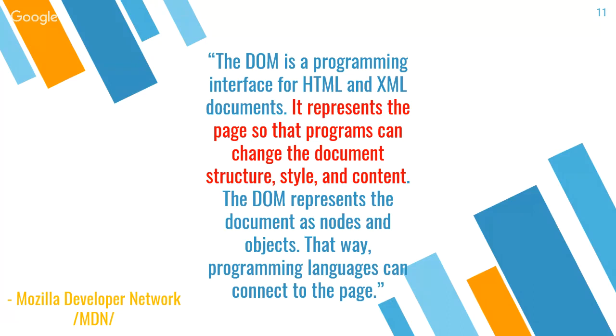So we make use of scripts, JavaScript, for example, to interact with the DOM. We can do that with other programming languages. Of course, some of them are Python, Java, C, Ruby, and others.